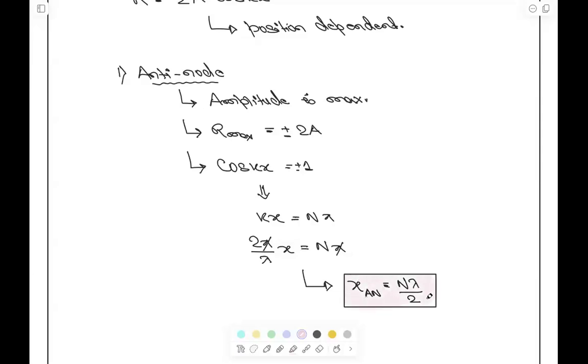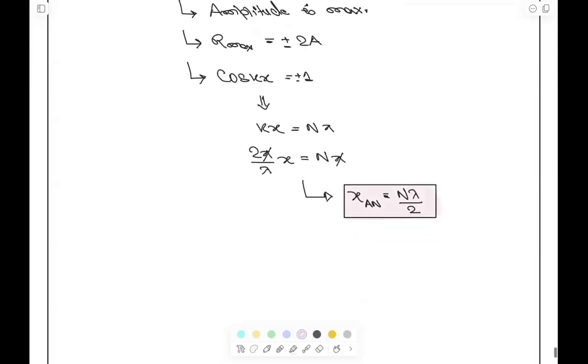That means the first antinode that we will be getting will be at 0, lambda by 2, lambda, 3 lambda by 2, 5 lambda by 2, such that the difference between each one of them is lambda by 2.